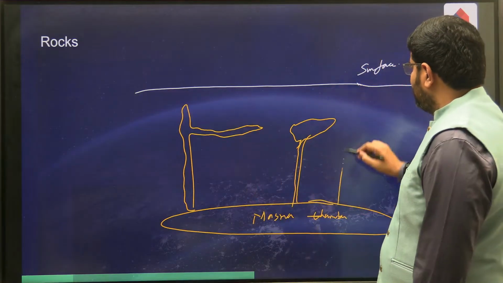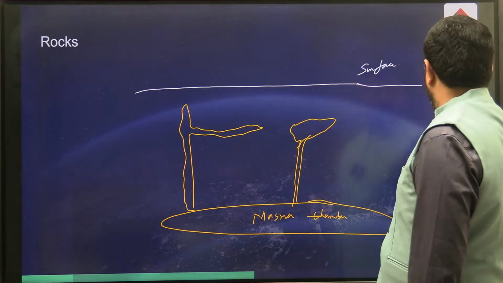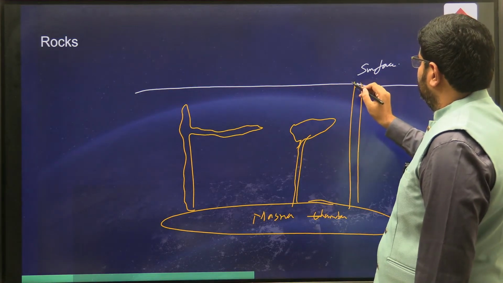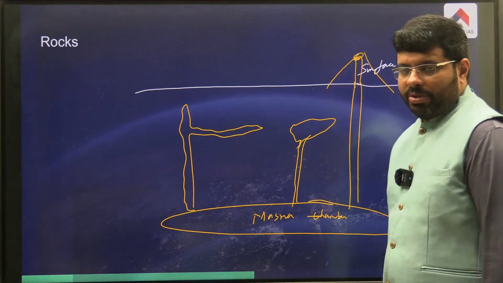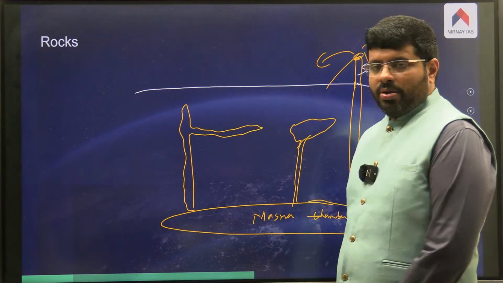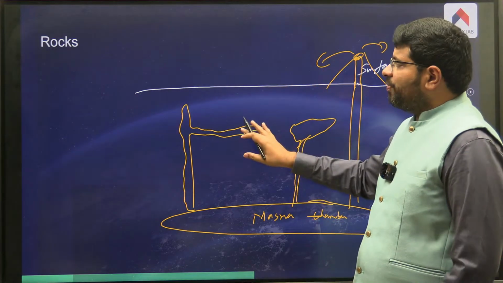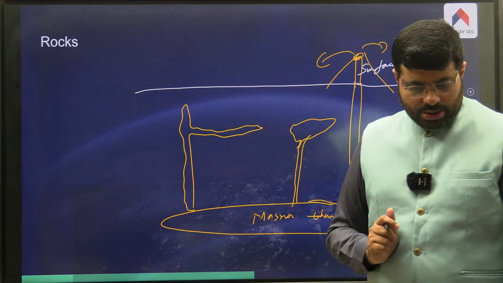And sometimes it can create a volcano, as you are imagining. A volcano can be there. The eruption is there. This is the lava, this is magma. So when the lava and the magma cool down, be it in the interior of the Earth or outside of the Earth, we call them igneous rocks.